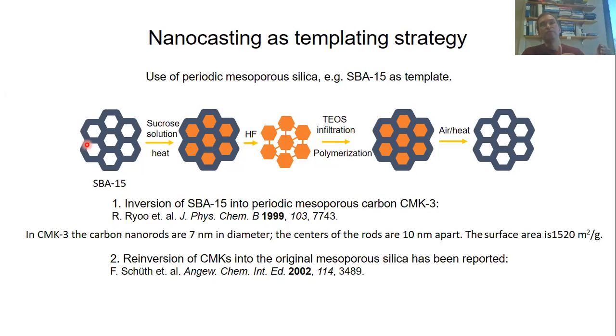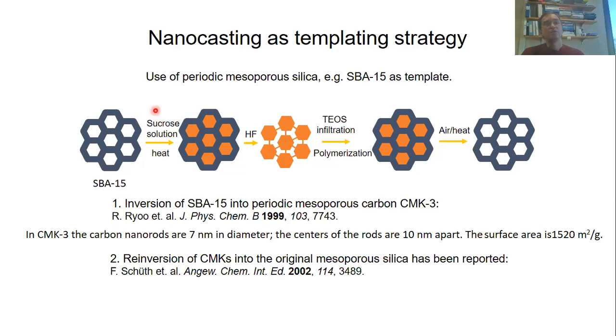So for instance, you can also produce mesoporous carbons this route. You can start out with an SBA 15 material. This is nothing else but a periodic mesoporous silica material which has been templated by a block copolyether. And you infiltrate this SBA 15 using a sucrose solution, whereby the sucrose acts as a precursor for carbon.